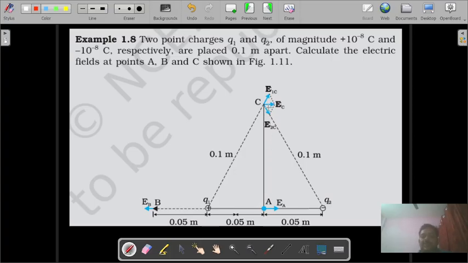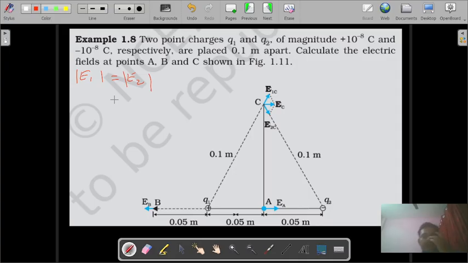So to obtain this, again, either we can use the parallelogram law or we can use the resolution of the vectors. Since the electric fields at the point C, E1C and E2C, are equal to each other as their distances are equal and the charges are also equal, here also we will have E1 equal to E2. The magnitudes of both of them will be equal to each other.